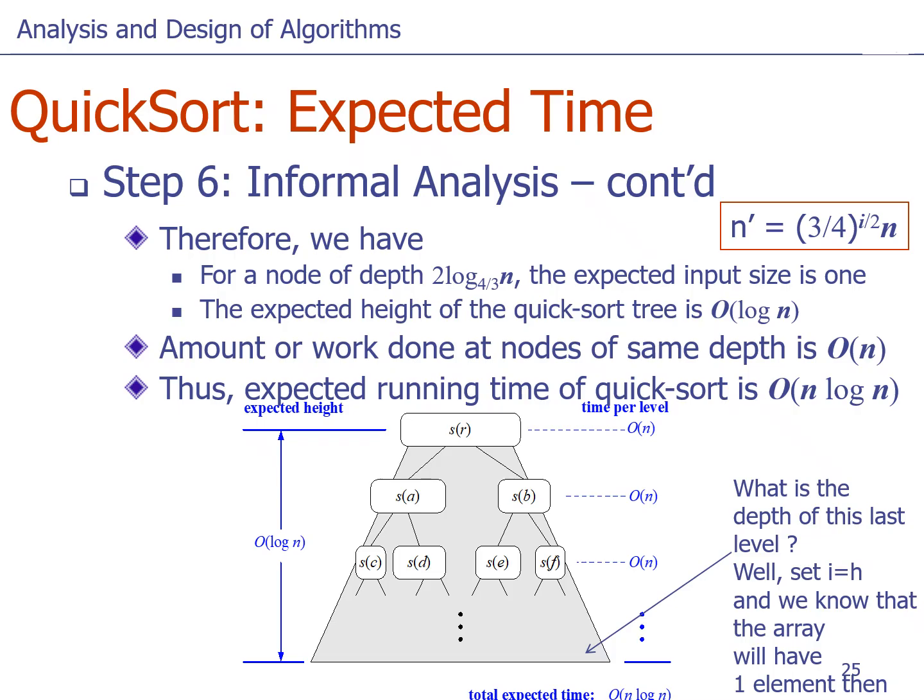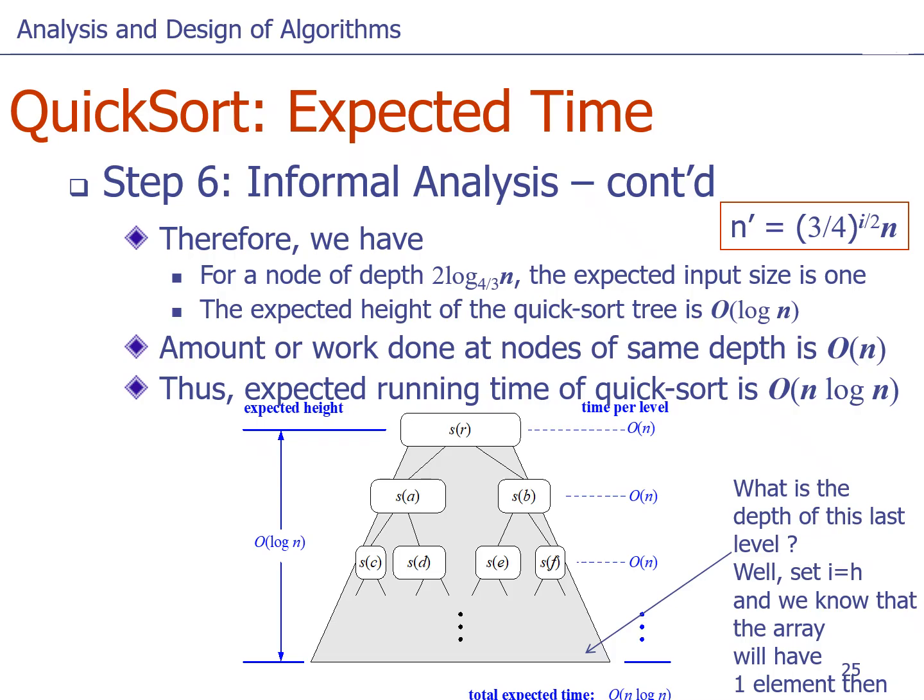So I have a formulation of the number of elements that exist at most in any one of those nodes, which is (3/4)^i times n. It's a fraction of the n. And as the i increases, the fraction of the n decreases because I keep splitting.